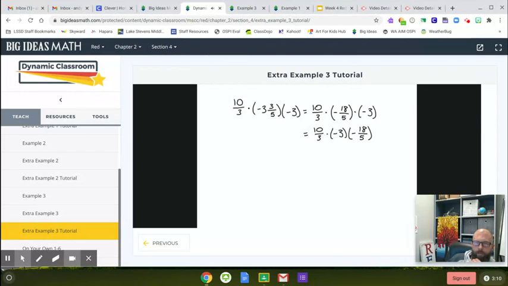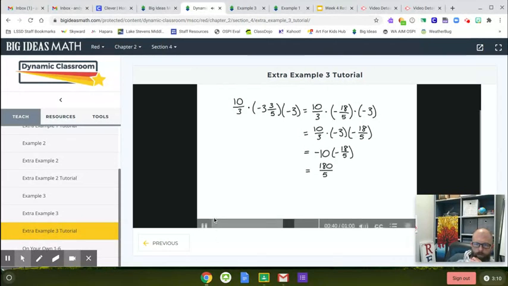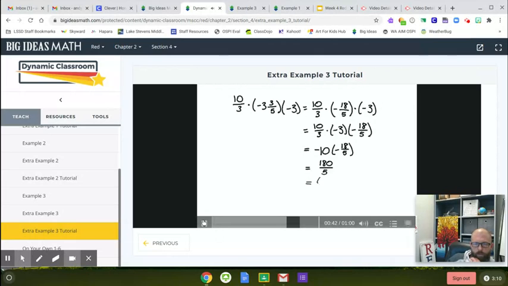So you have -10 times -18 fifths, which equals 180 divided by 5. You can factor 180 into 36 times 5. Then dividing out the common factor of 5, you are left with 36 over 1, or 36. So 10 thirds times -3 and 3 fifths times -3 equals 36.